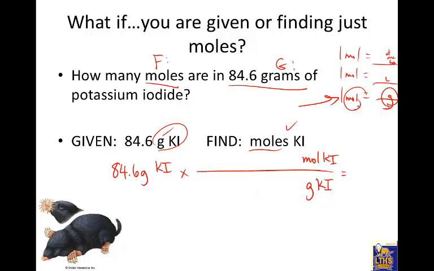This is 1 step. 1 mole equals, where do I go get grams? Periodic table. KI ends up being 166.00. Grams cancel grams, and we're left with moles of KI. And then 84.6 divided by 166 gives us 0.51 moles of KI.